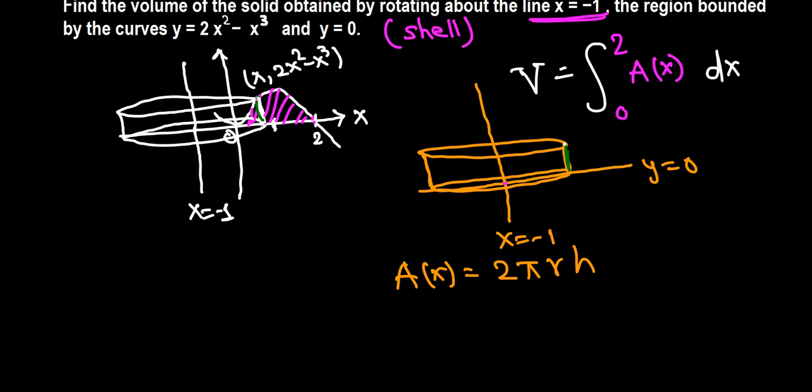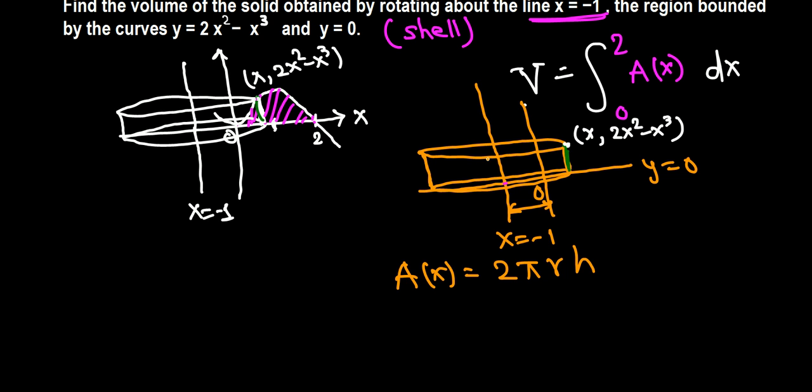So this point is (x, 2x squared minus x cubed). Here to here, and our x-axis is here, and here's the origin. The distance between these two vertical lines is always the same, that's 1. So this is x equals -1 and x equals 0. The y-axis is the same as x equals 0, so this distance is 1.